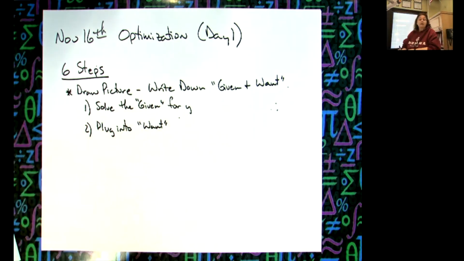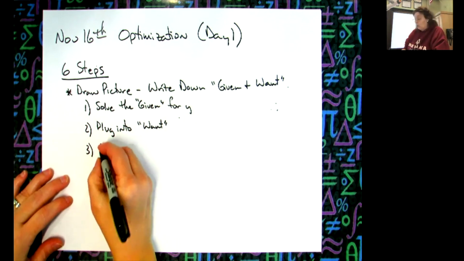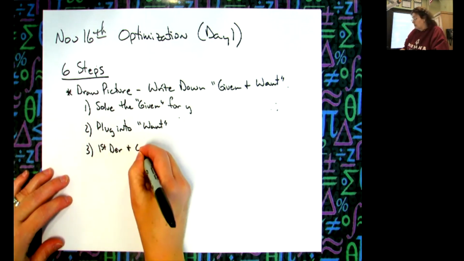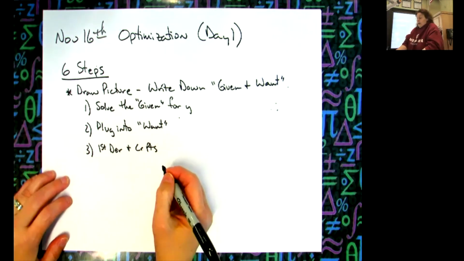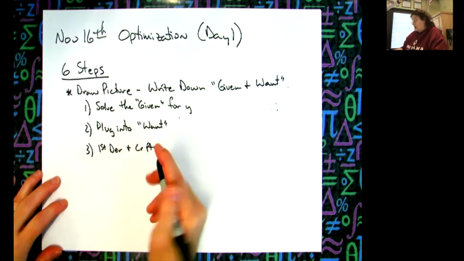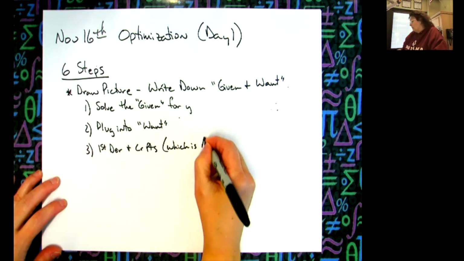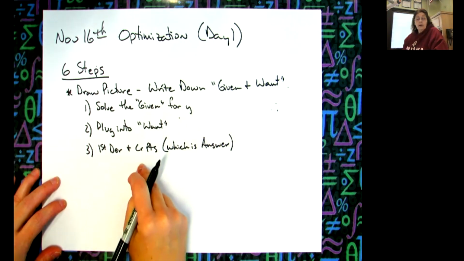So whatever we get for our y, we're going to plug it into our want. All right. Then at that point, we're going to do our first derivative, and we're going to find those critical points. Okay. All right. And then the critical points we know is here, let's put in here, which is the answer. Now, honestly, at that point, you're going to have your answer to the problem.